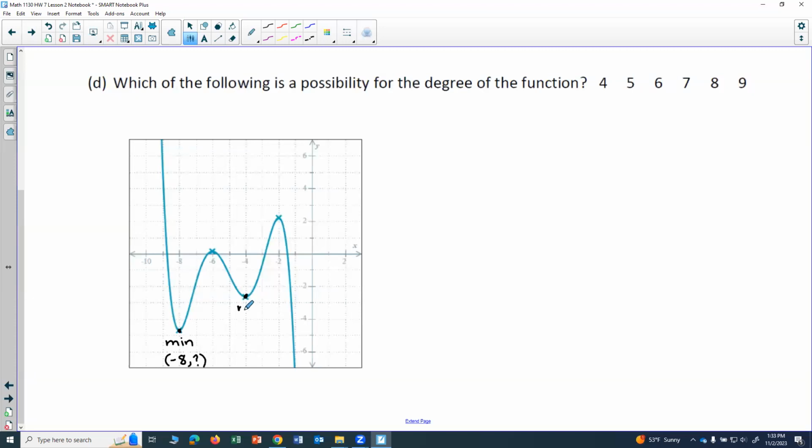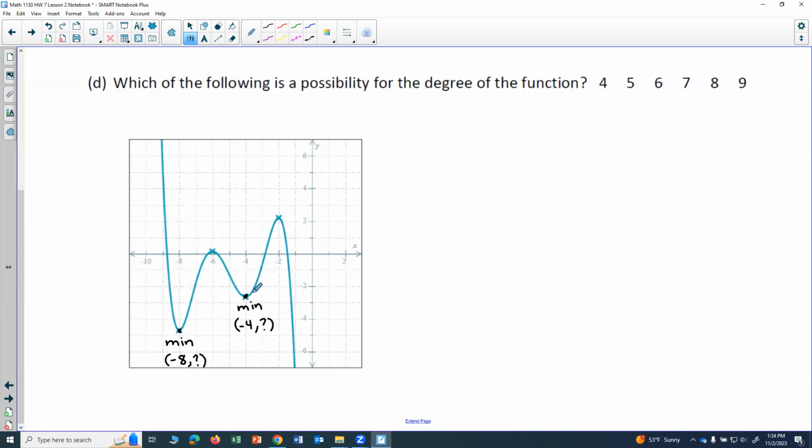Here's another minimum. And I can see the x is -4. Again, I'm not exactly sure what the y value is, but I'm not being asked for the y value, so that's okay. Those are the only two low points on the graph where all the y values surrounding them are higher.